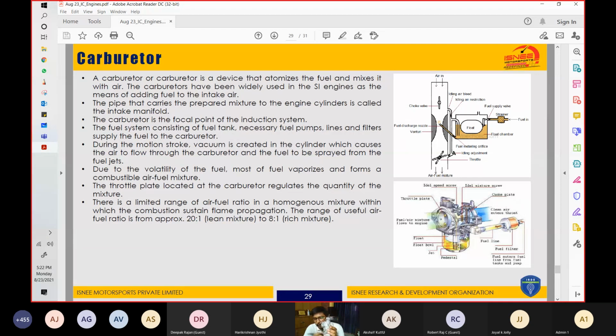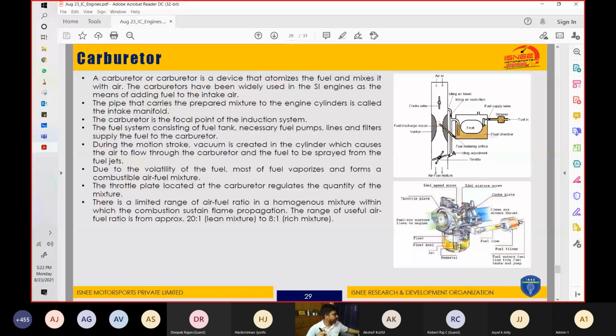Basically the float valves are inside and the fuel remains inside it, and the fuel lines are attached from here. So what happens? The air will enter from this side, the air-fuel mixture will be mixing in this section, and it will go into the engine from this side.